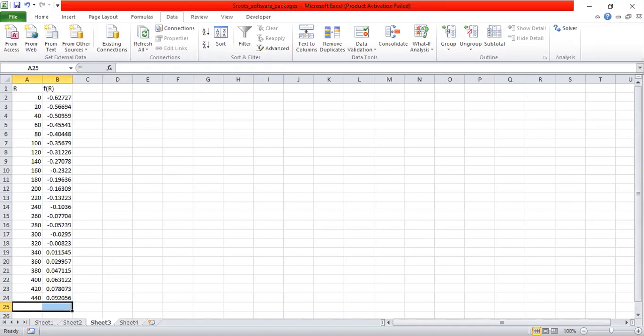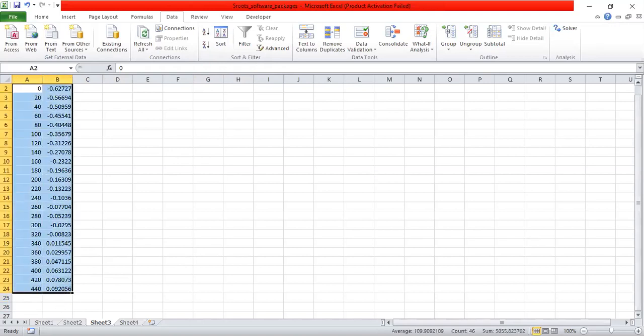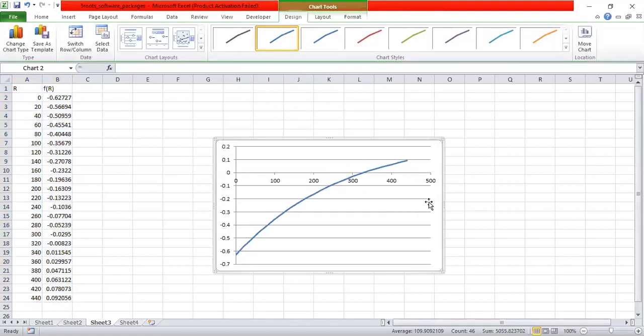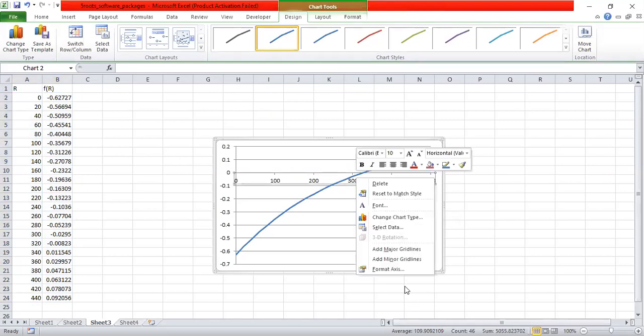So when we plot the graph, remember I told you previously that if you are not giving an initial guess, then you have to plot it so that you have an idea of where the guess is. So let me format my axis.